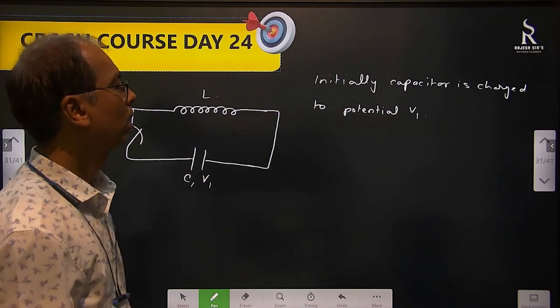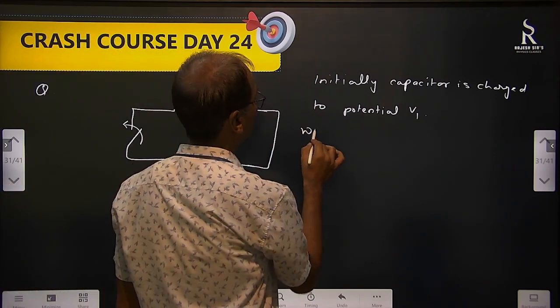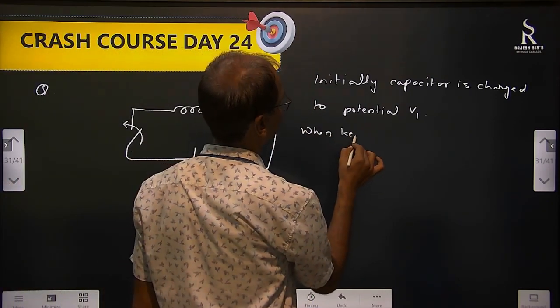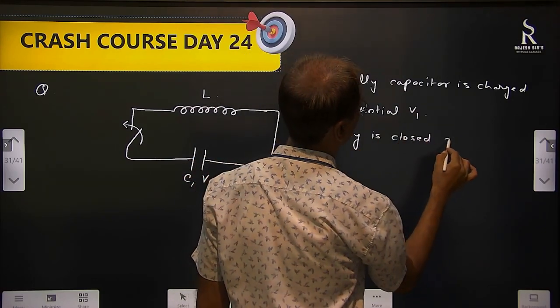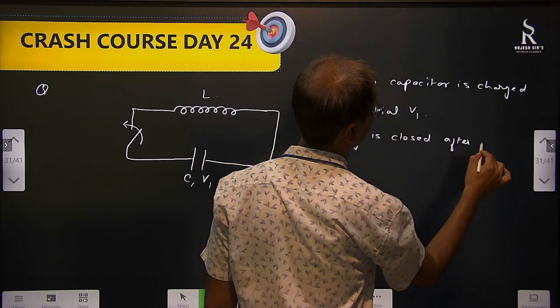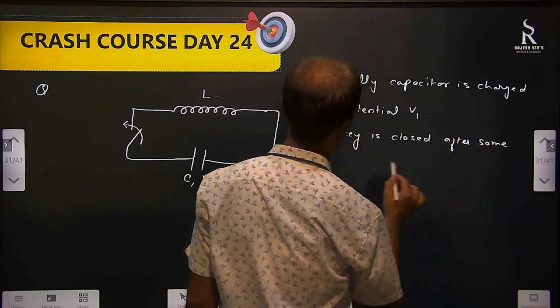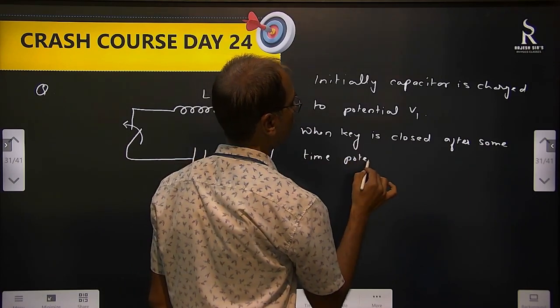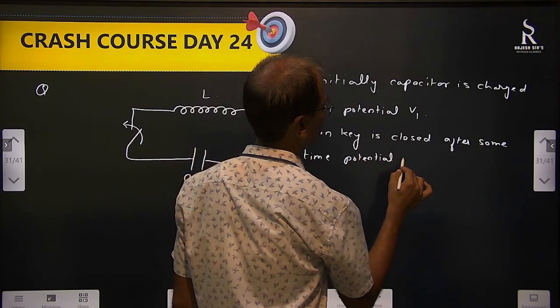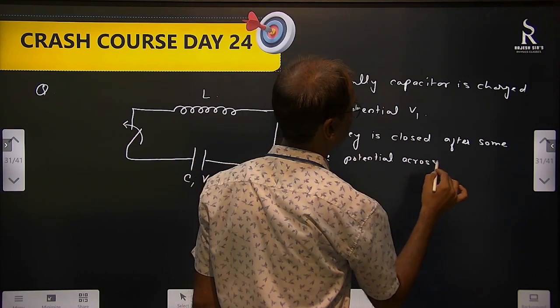When the key is closed, after some time, the potential across the capacitor is V2.